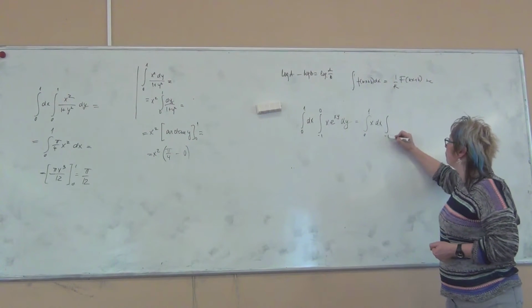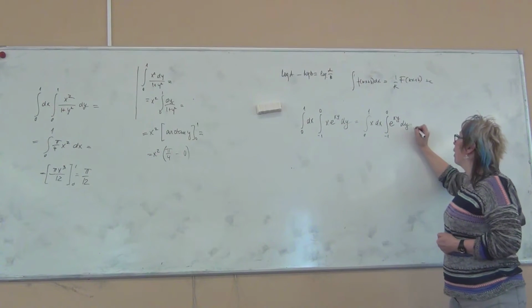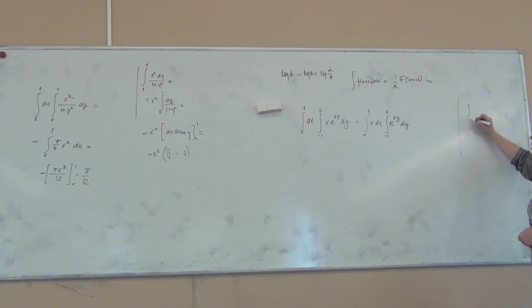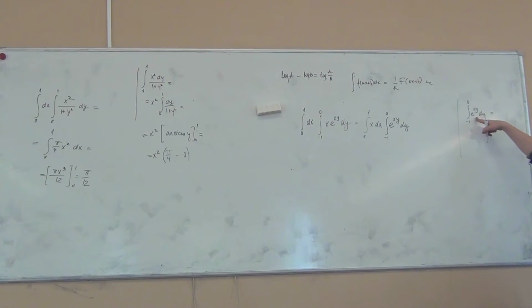So we have e to the power xy dy. So now, minus 1, 0, e to the power xy integrated by dy. It will be xt, yes. It will be integration by parts. Okay, painful moments. Integrating the exponential function, you basically get the same exponential function, but you have to divide by the constant x.